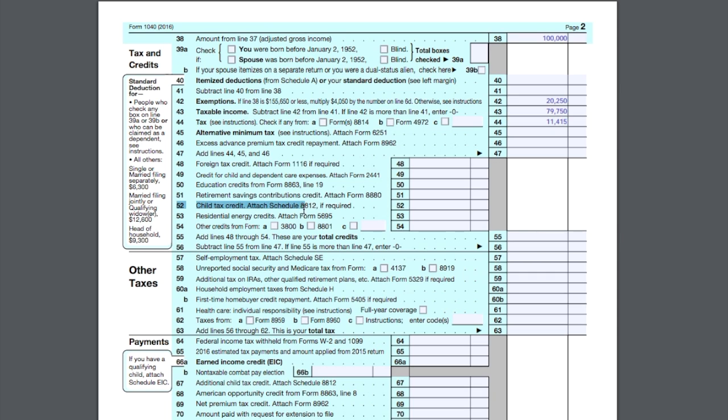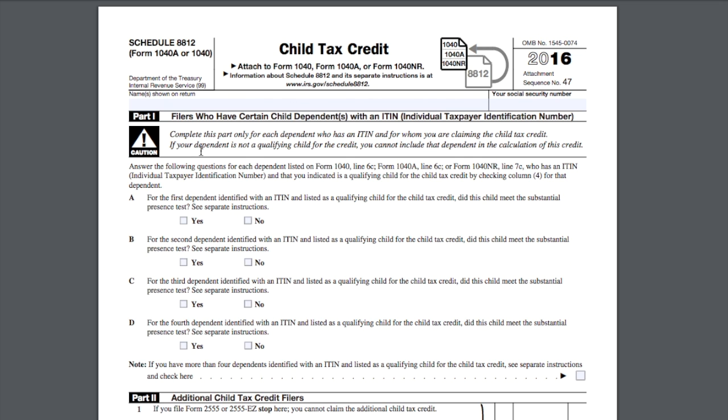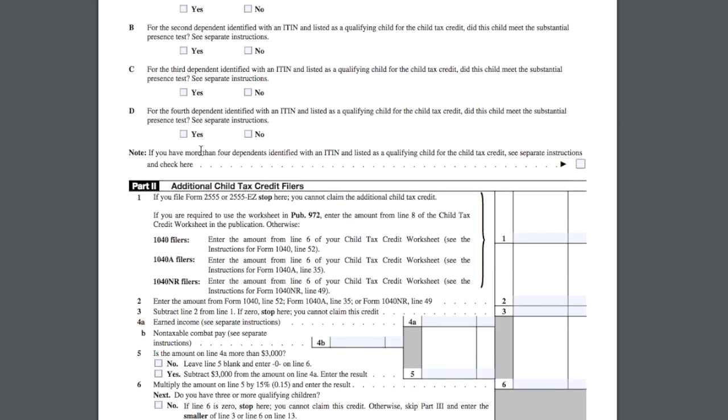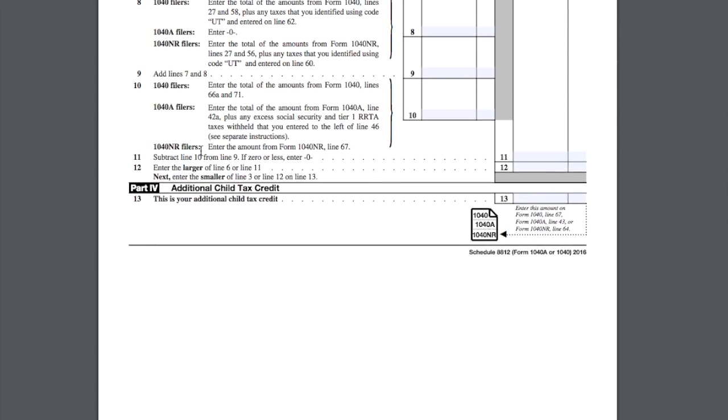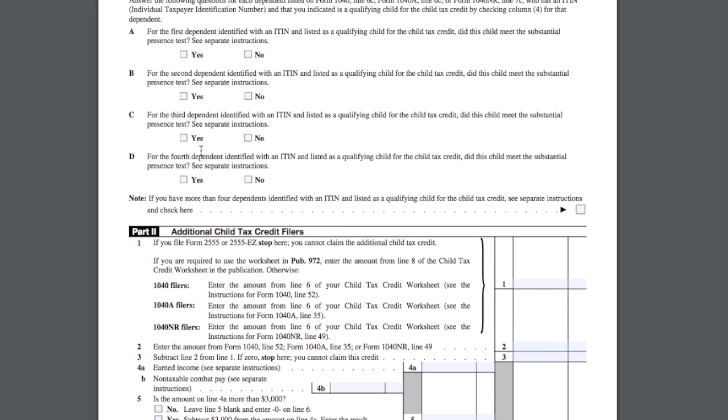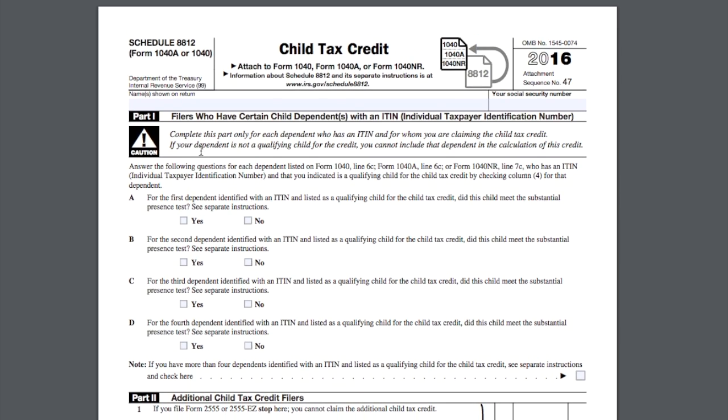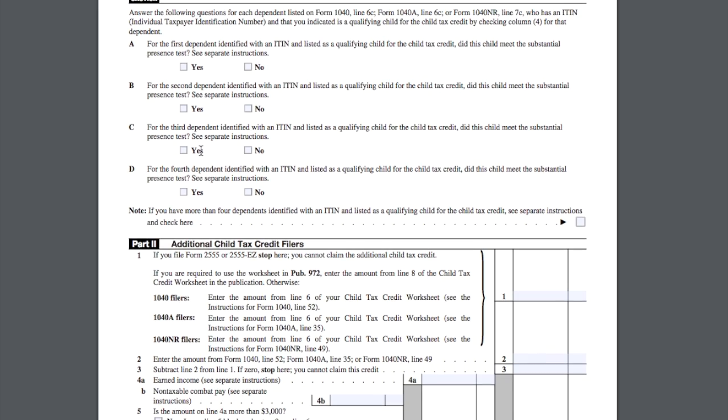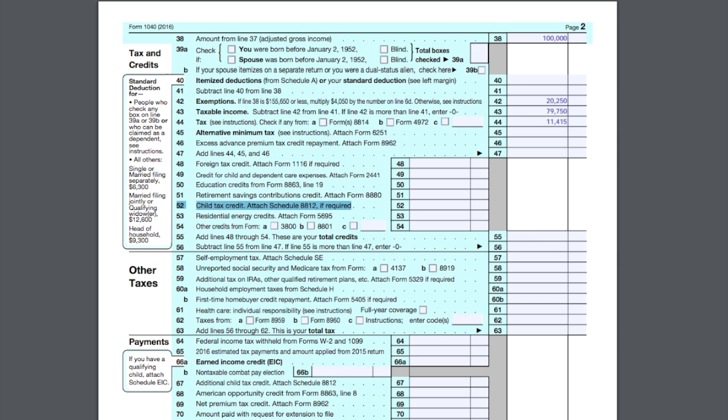So we are going to go down now to line 52. It says child tax credit. It says to attach 8812, but you don't have to do that because it's not that difficult to figure out your child tax credit. There are some things that limit your child tax credit, which we're not going to get into in this video, like the exemption amounts and how much you can include under those provisions.